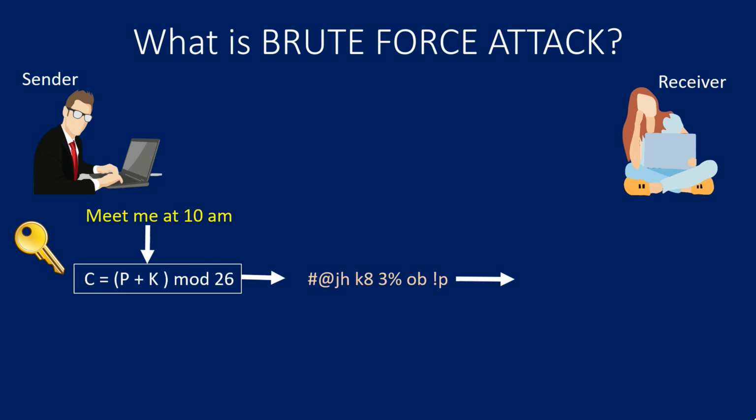This message will be decrypted by the decryption algorithm used by the receiver. However, to decrypt the ciphertext C, the receiver requires the same key as that used by the sender.